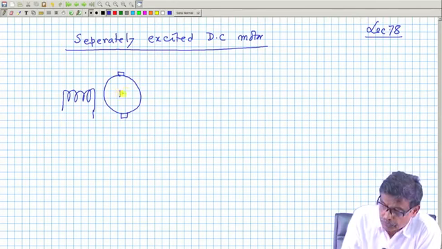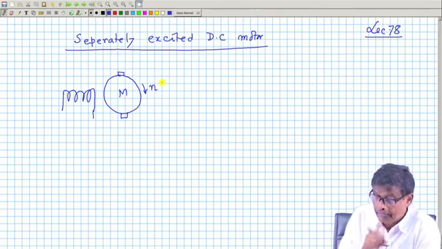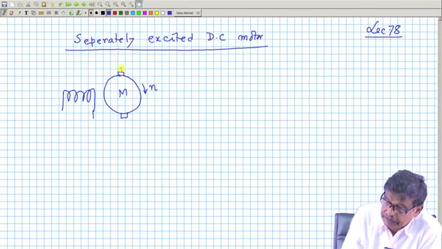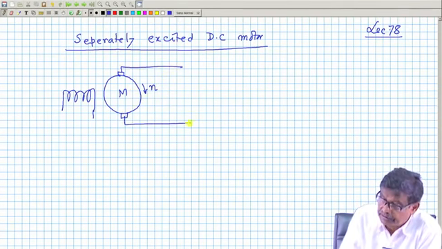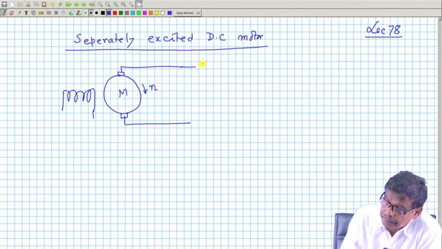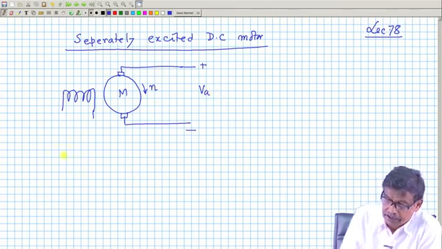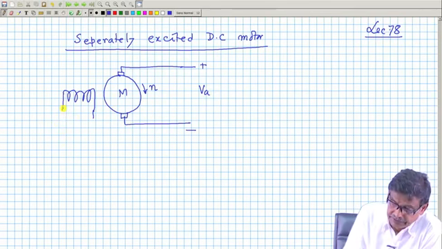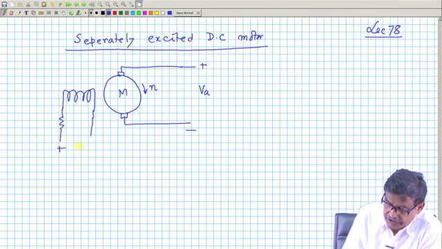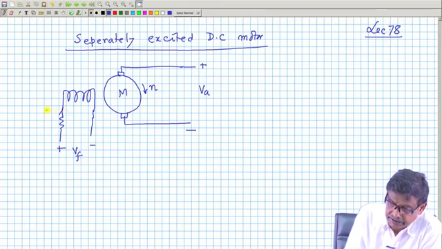Suppose it is motor mode and it is running in this direction N, and this motor is supplied from its rated armature voltage, and this is the field voltage, separately excited. This is the field current.